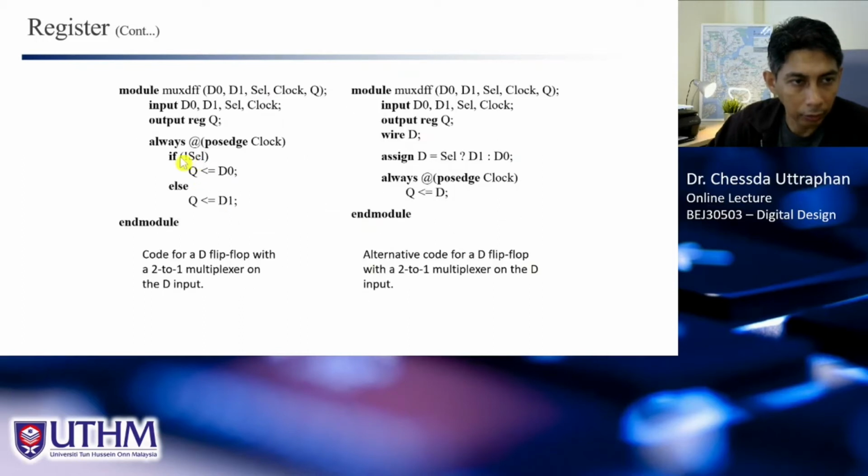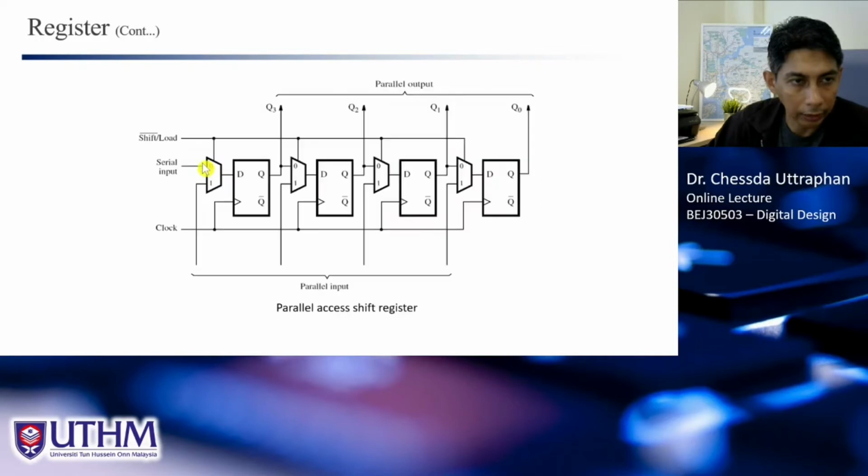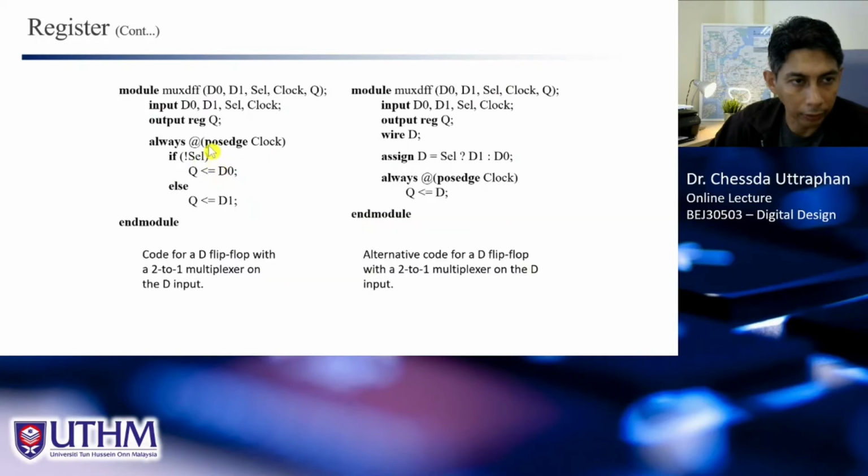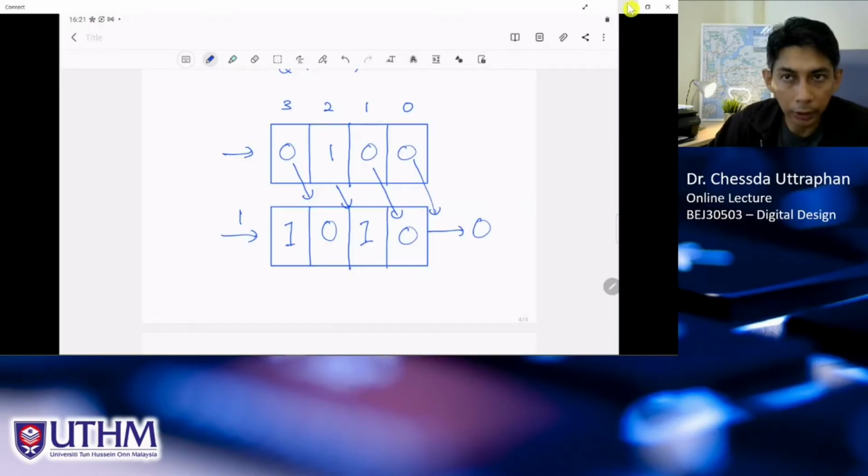So look at this. If select is 0, D0 will go to Q. Else, if select equals 1, D1. So what we will have is something like this.